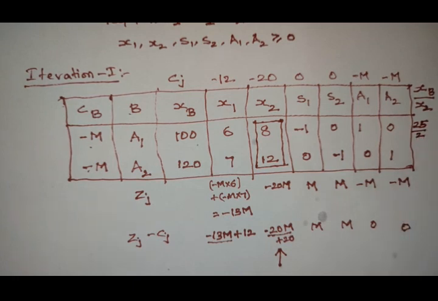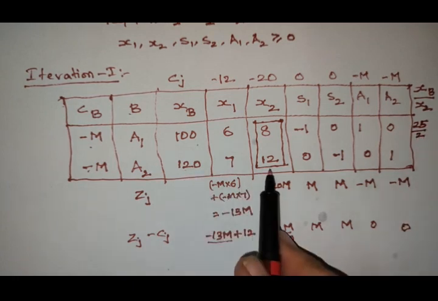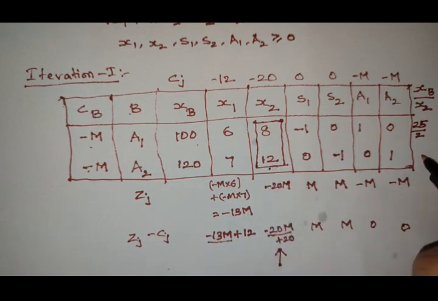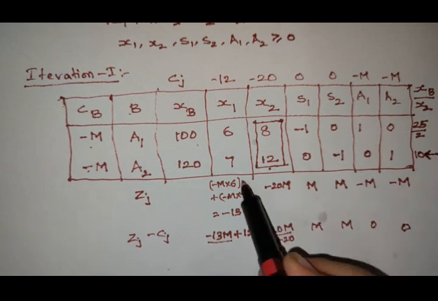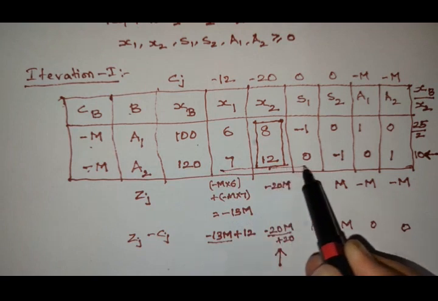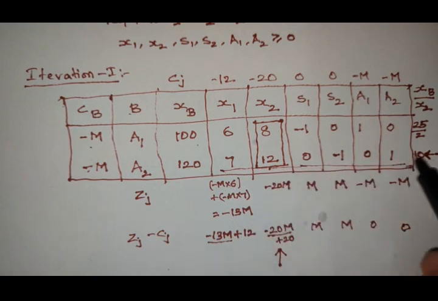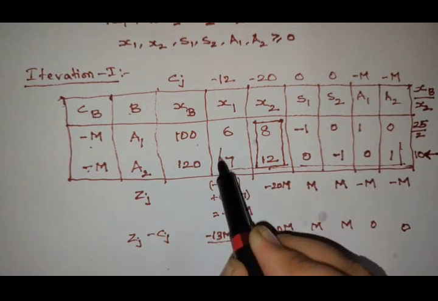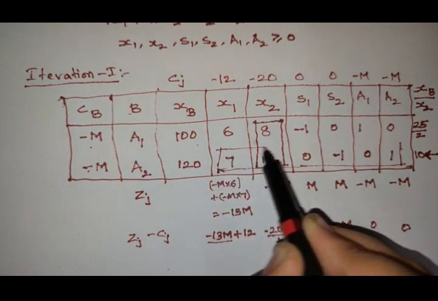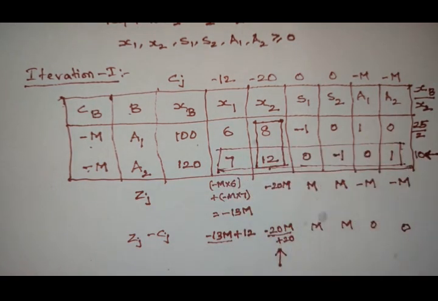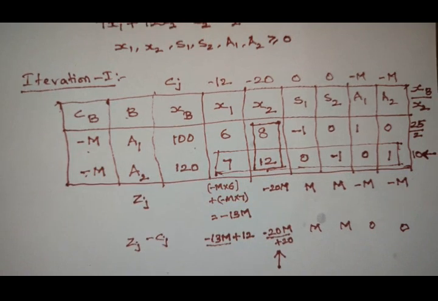Don't write in decimals. Next, 120 by 12 is equal to 10. 25 by 2 means 12.5. So it is 12.5 and 10. What is the minimal value? 10, the minimum positive value. So this will become the key row. So I am making the box of the second row as the key row. Right? So now iteration 1 is over.